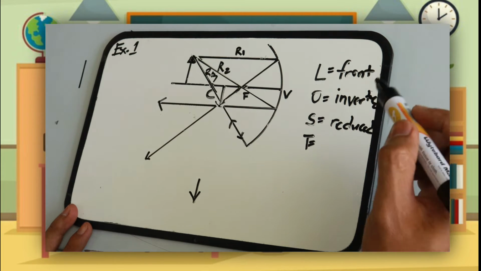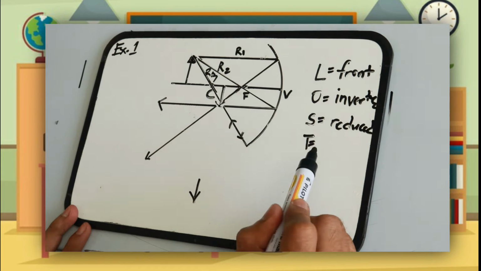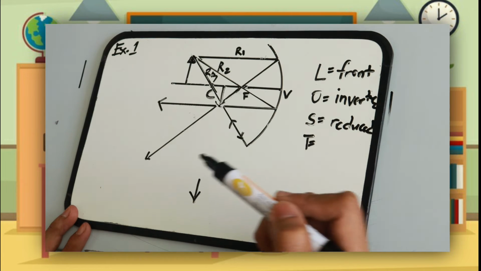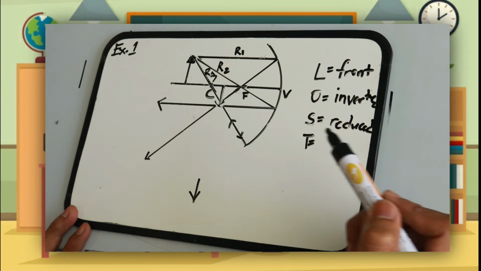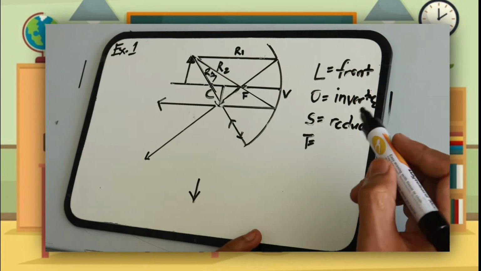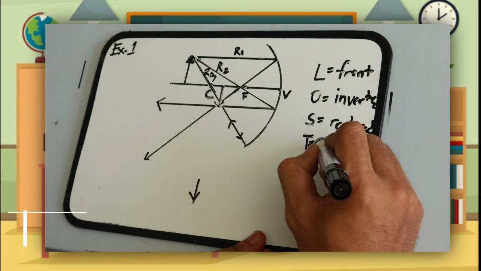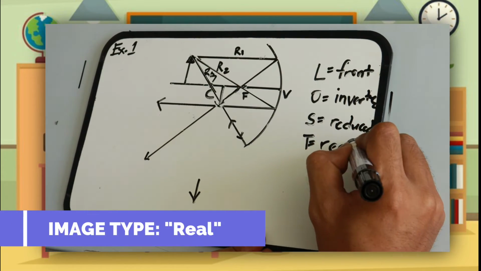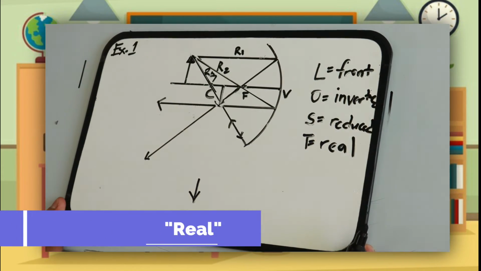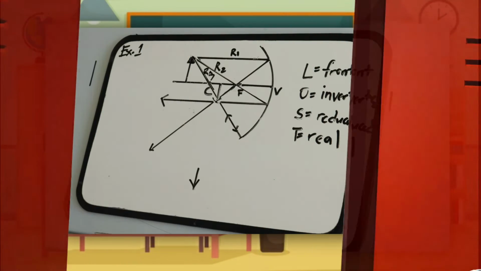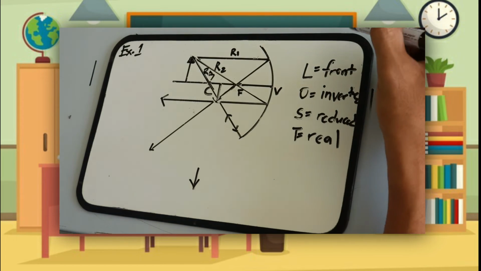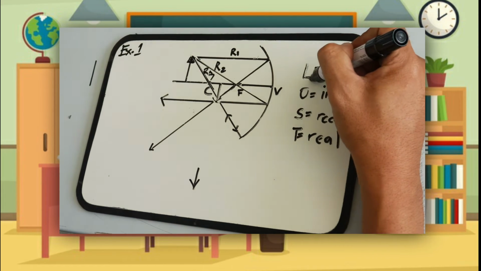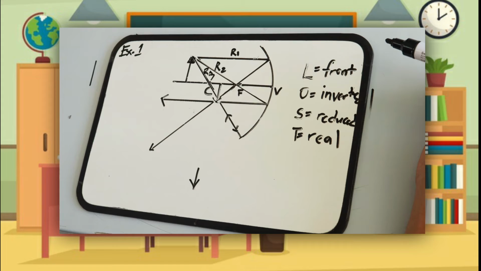Since the image is formed in front of the mirror, we can say that the image type is real. Okay? So this is our description of image using ray diagram in example number 1.